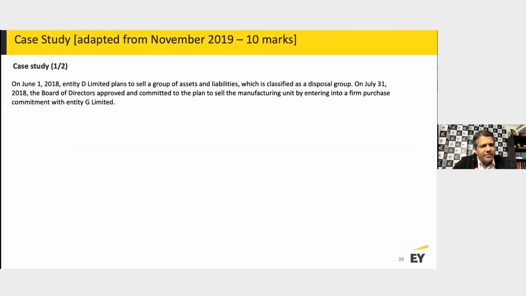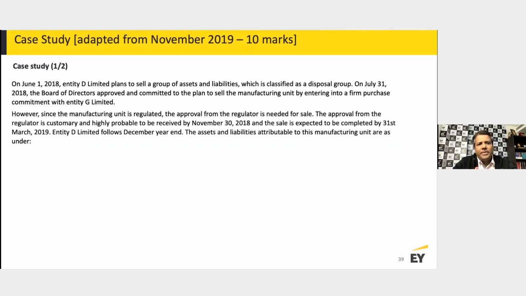On July 31st, 2018, the board of directors approved and committed to the plan to sell the manufacturing unit by entering into a firm purchase commitment with Entity Z Limited. So June 1, you intend to sell, and on July 31st, you committed by entering into a firm purchase commitment.